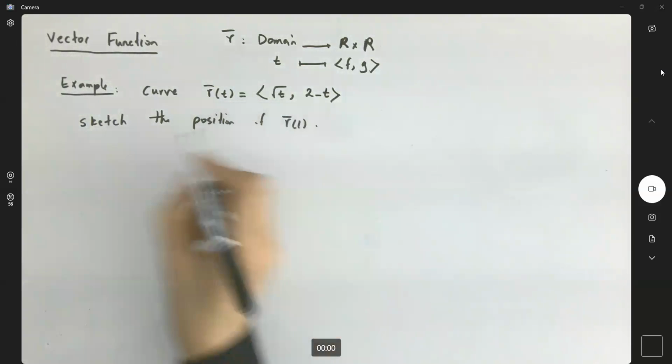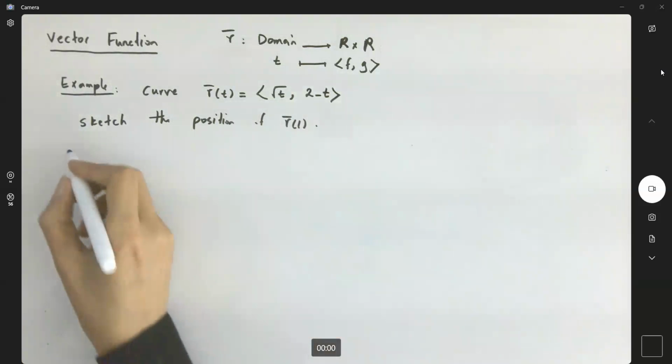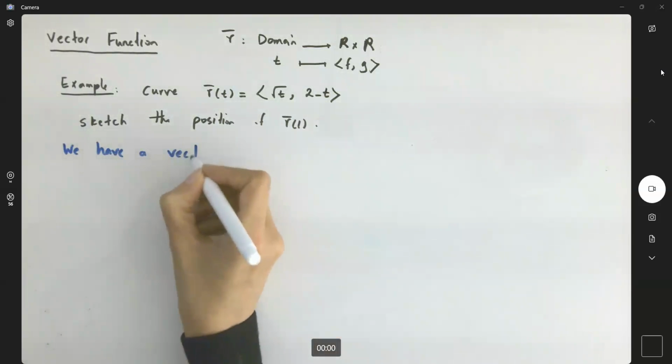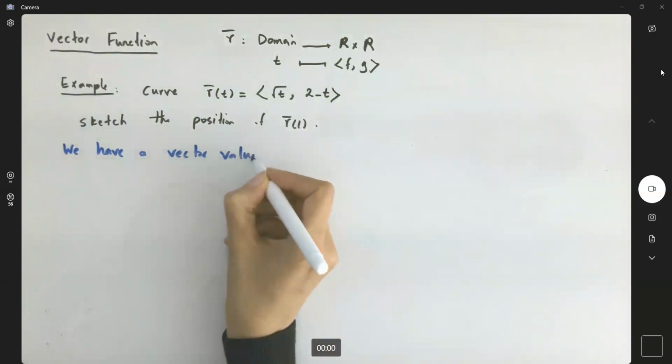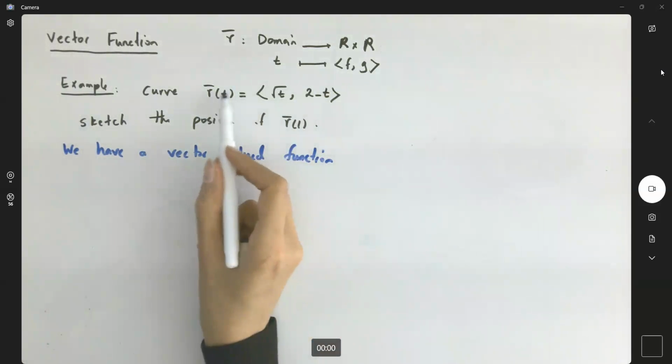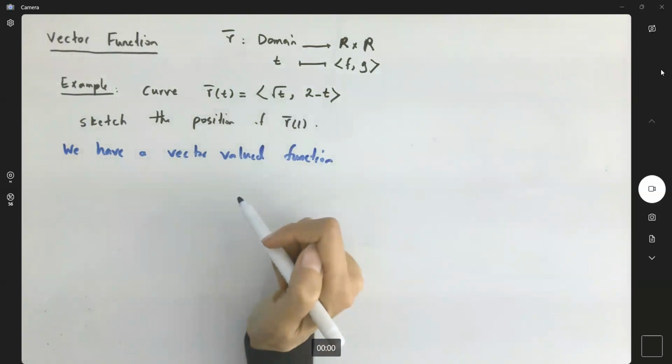So first of all, we have a vector function, or vector valued function. The function takes on values and it gives you vectors. The output values are vectors.